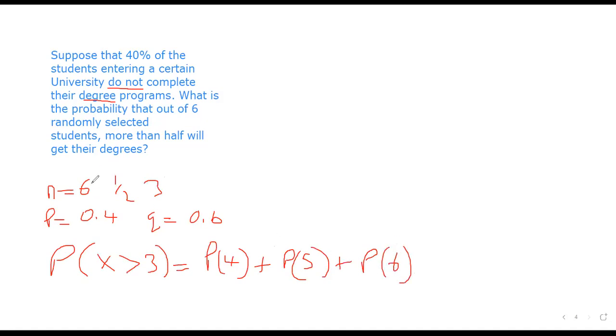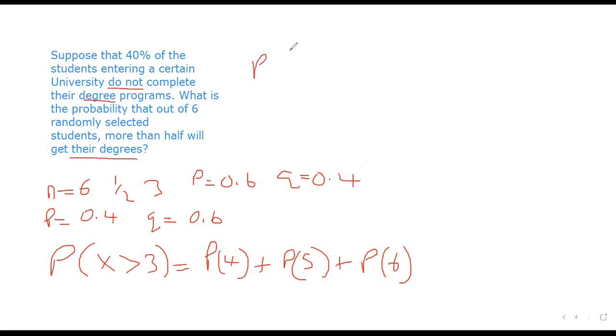Now here we're dealing with those that get their degrees, not those that do not. So you can swap these as well, meaning your P would be 0.6, and your Q is now 0.4, because the question is asking about those that get their degrees.